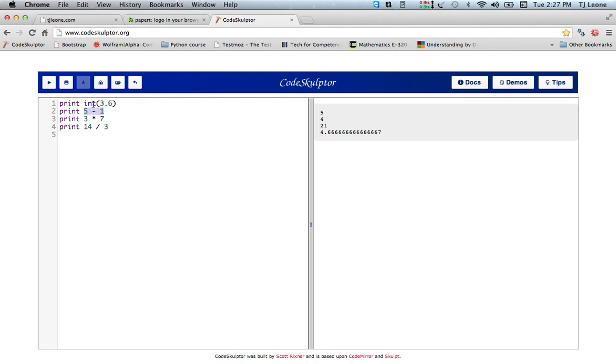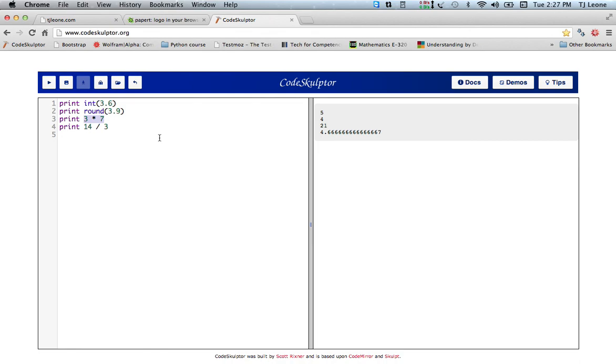So 3.6 is our input to the integer function. In Python, we use the name function instead of procedure, like we do in MicroWorlds. And we could say round 3.9.